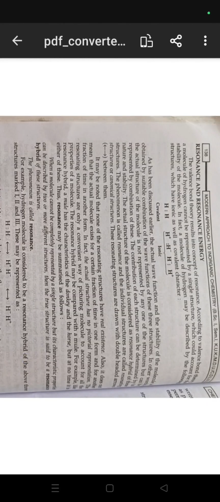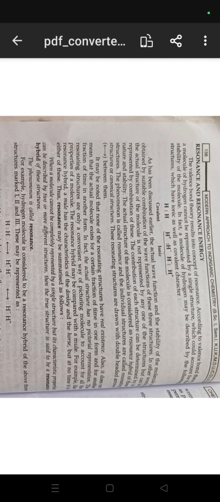Resonance and resonance energy. The valence bond theory results in the concept of resonance. According to the valence bond theory, a molecule of hydrogen cannot be represented by a single structure which could account for the stability of the molecule. As discussed earlier, the actual wave function and the stability of the molecule is obtained by a suitable combination of the wave functions of these three structures.